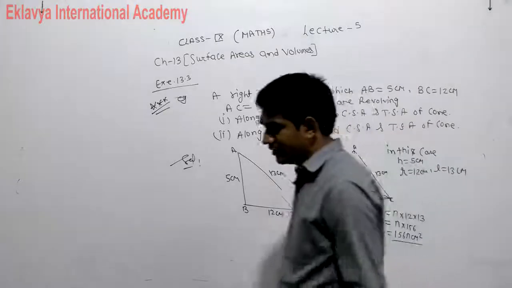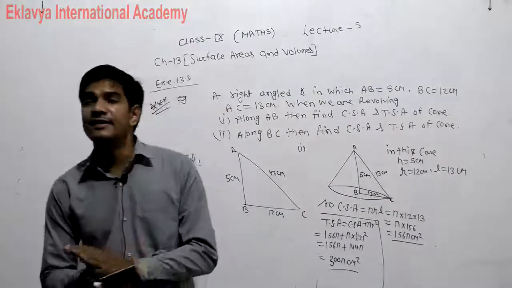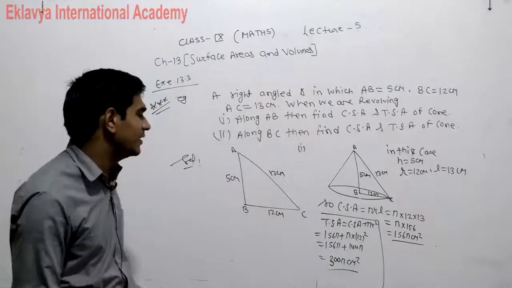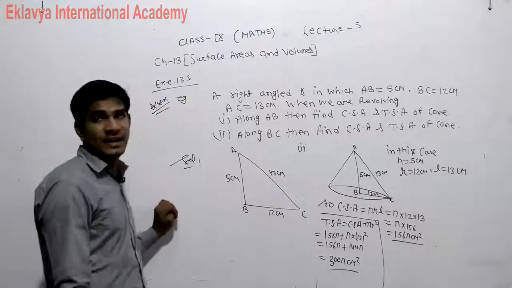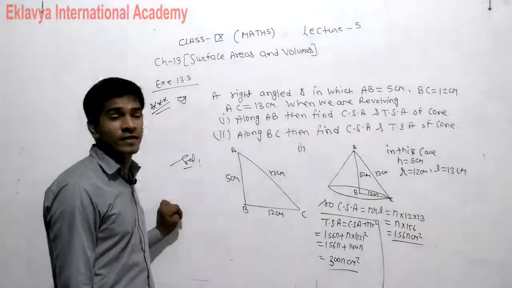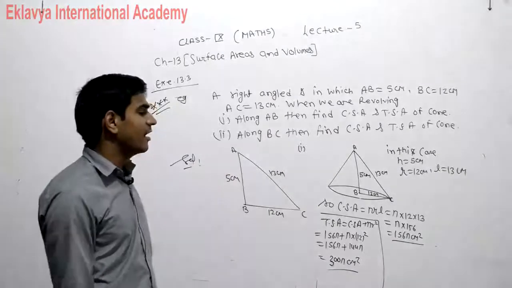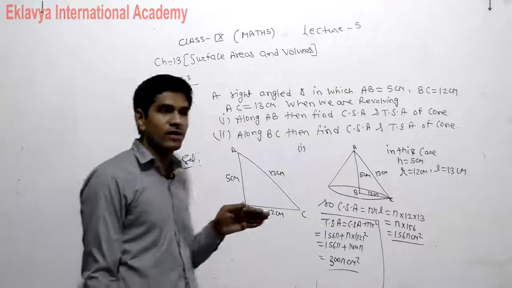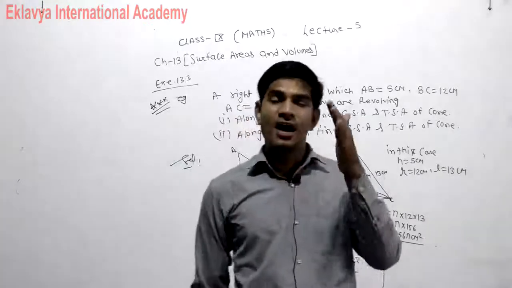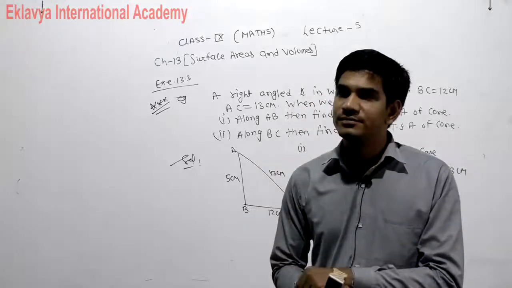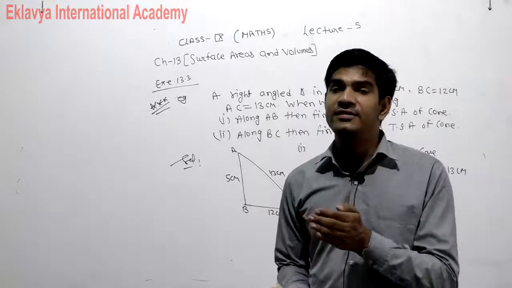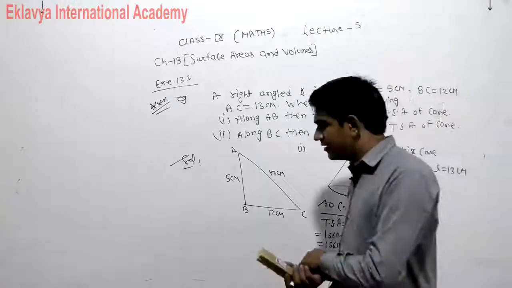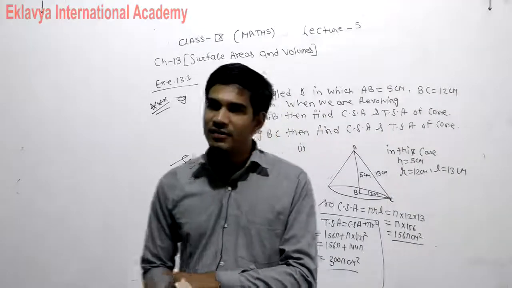So students, if a right angle triangle is given to you and it is given along which side we are revolving, then the side along which you revolve becomes the height of the cone. The largest side is always the slant height, and the remaining one is the radius of the cone.